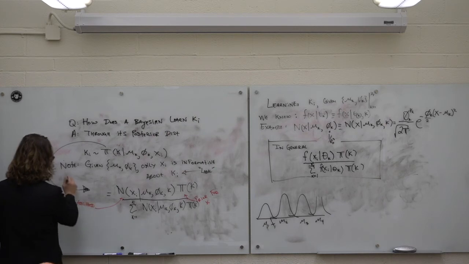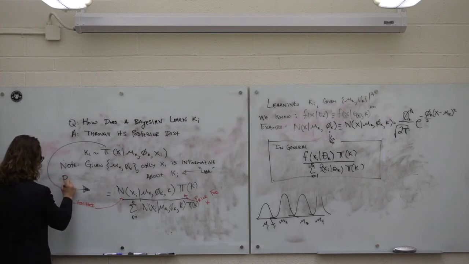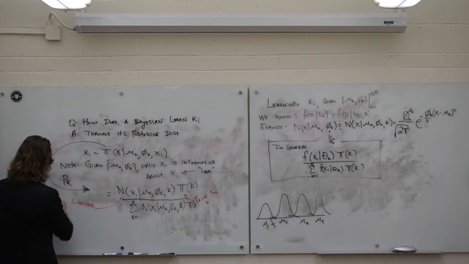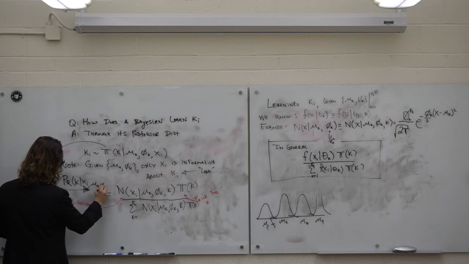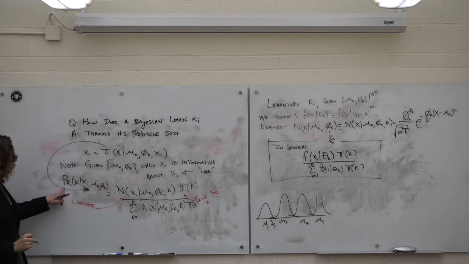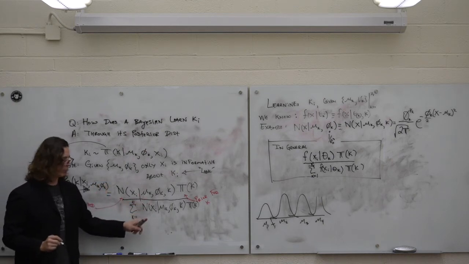And this thing right here is the probability, I should say, of k given xi. And this is conditional on mu k and phi k. So this is the probability that k is equal to whatever k I've plugged in here.